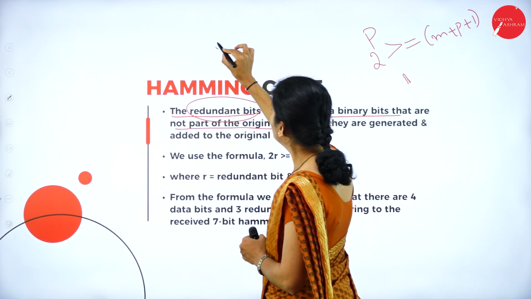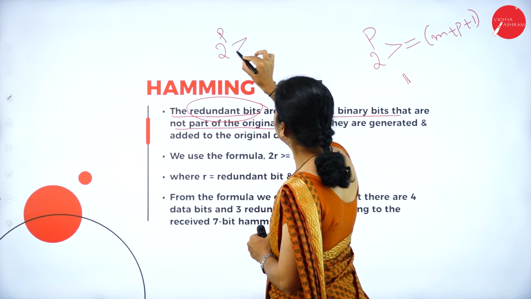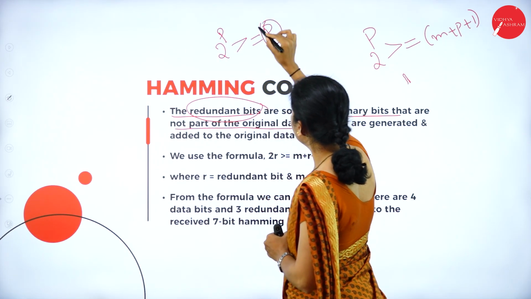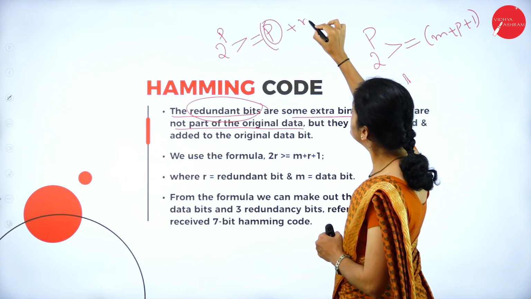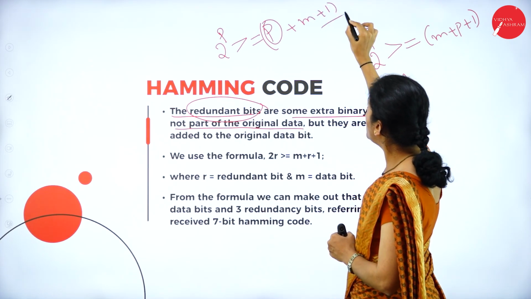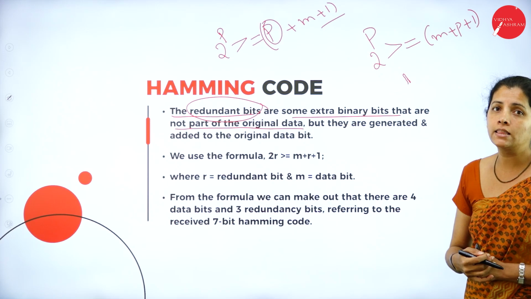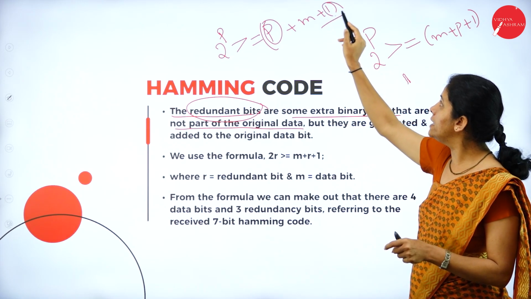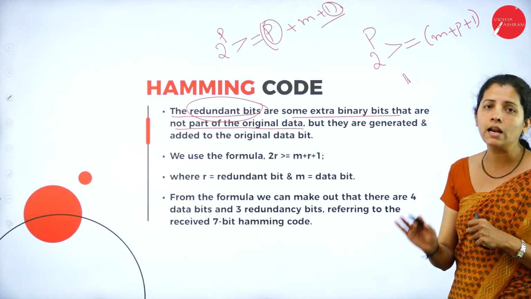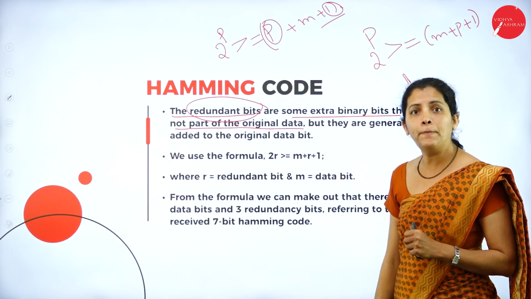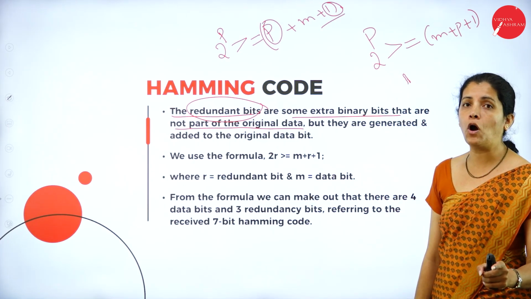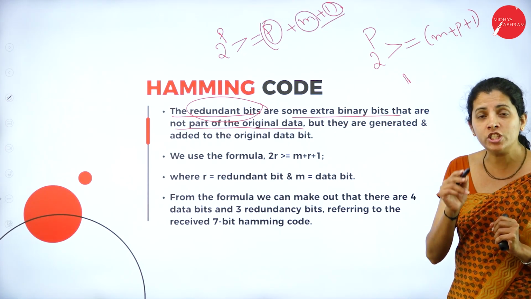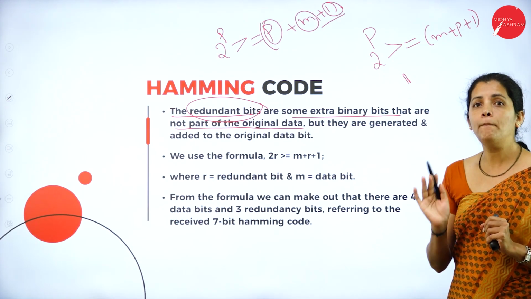What's the meaning of 1 here? That's nothing but no data bits are corrupted. So 1 indicates that none of the data bits are corrupted. P is nothing but the redundant bit or parity bit, and M is nothing but the original data or data bit.